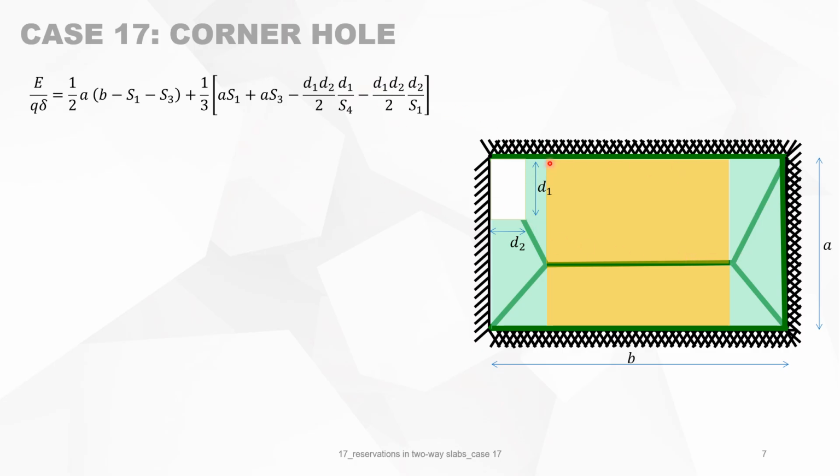We take the total area, which is A times S1 plus A times S3, but we have to subtract the reservation. Then we have two triangles. You have the one D2 times D1 divided by 2 in this direction, so multiplied by D1 over S4.